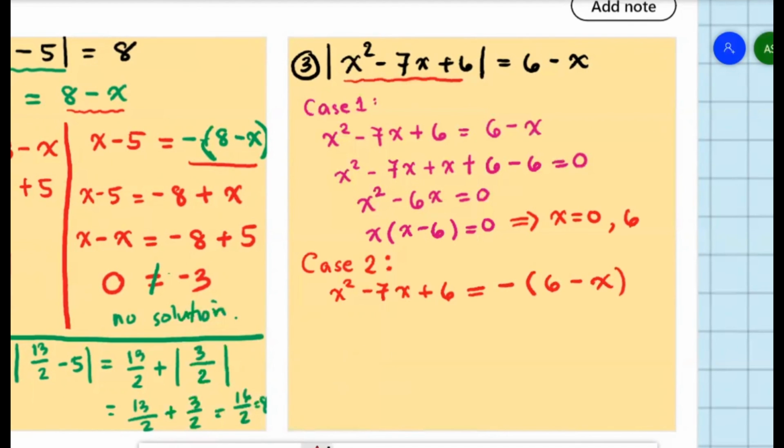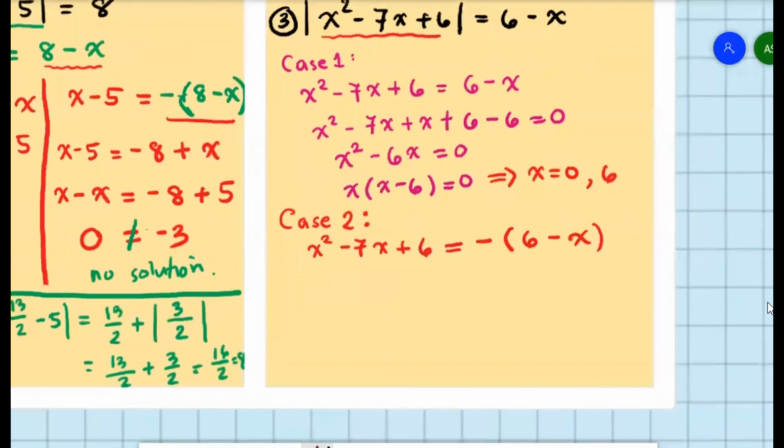So if you want to simplify this further, this will give us x squared minus 7x plus 6 is equal to, distribute the negative sign, so negative 6 plus x. And then put all of the terms on the left side.